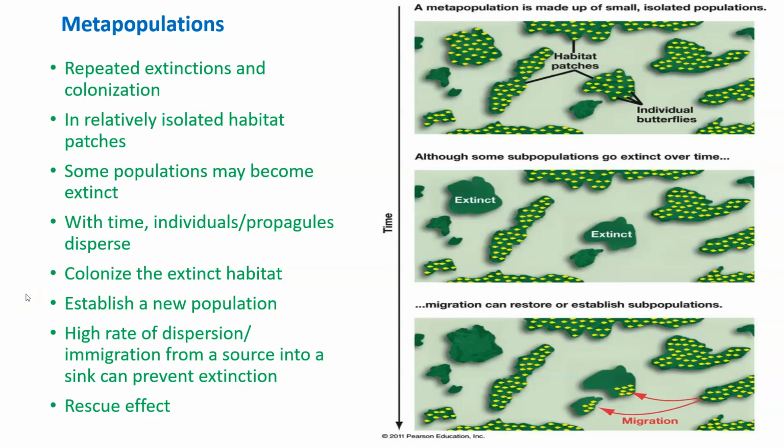So in a given metapopulation, you're looking at multiple populations occurring in those discrete isolated habitats. And over time, extinction could happen in some of those habitats.